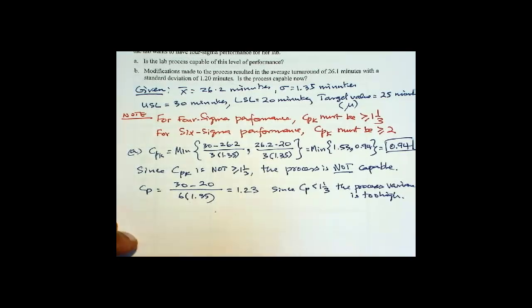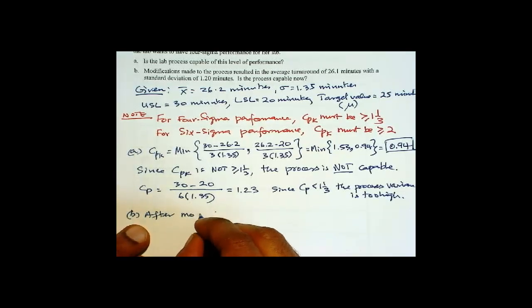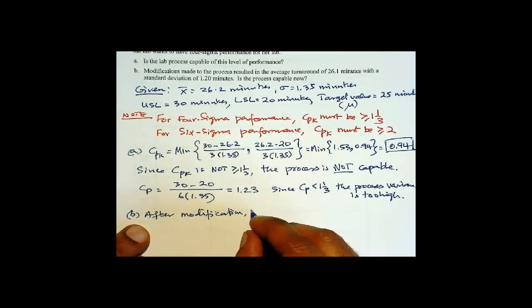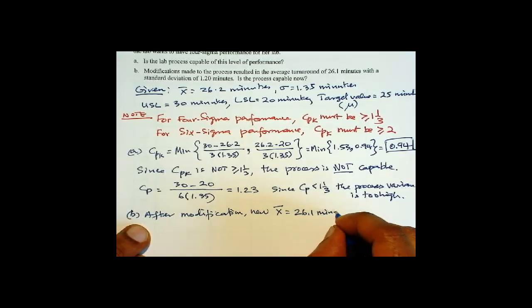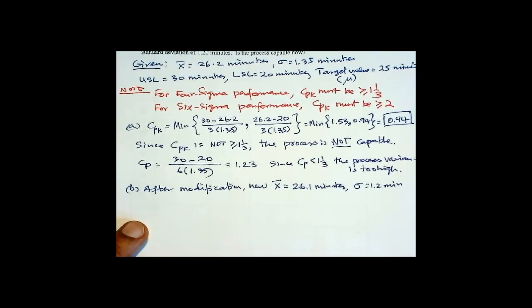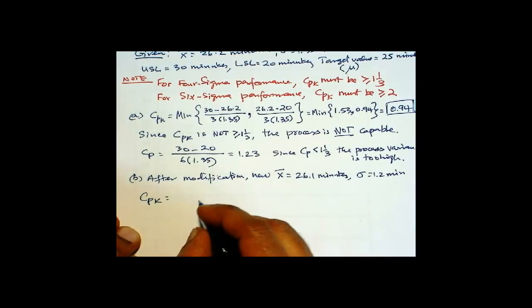So let's look at the case. After modifications, new X bar is 26.1 minutes and sigma equal to 1.2 minutes. So once again we have to compute C sub pk first.